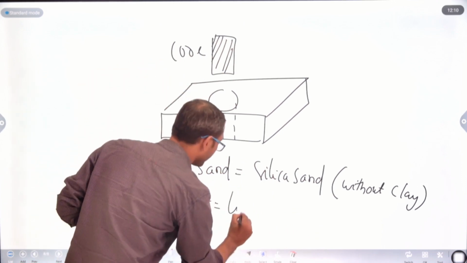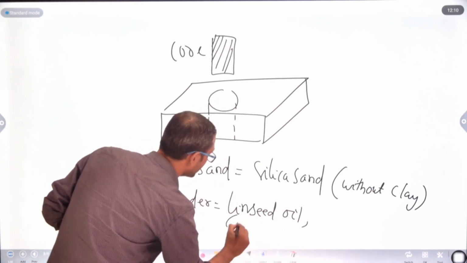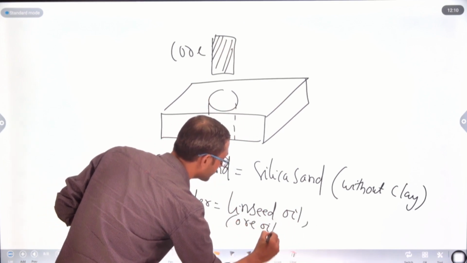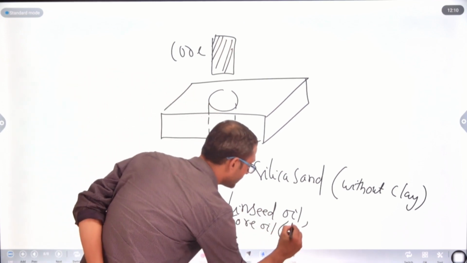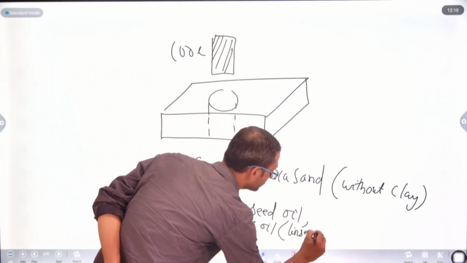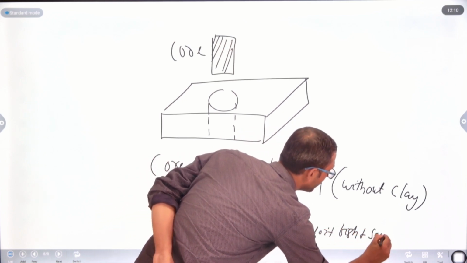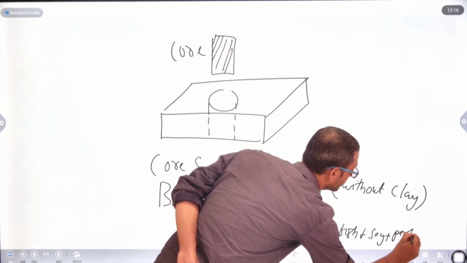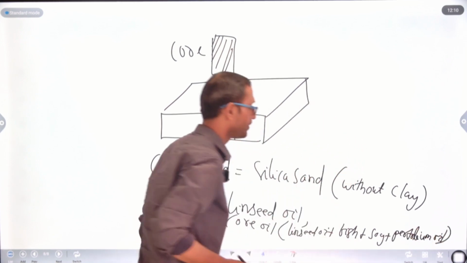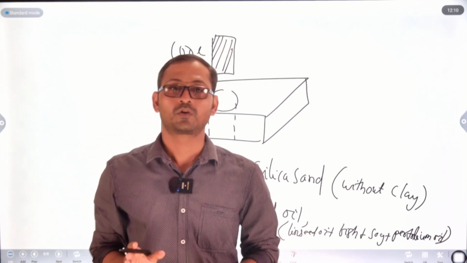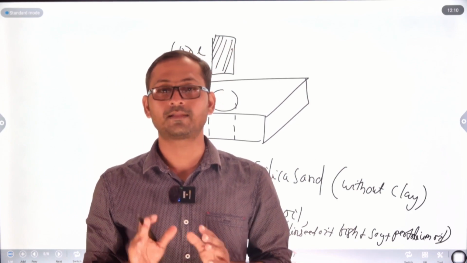Linseed oil. Sometimes core oil. In this core oil, linseed oil is there, fish, soy and petroleum oil. An oil mixture is there. So in this way, core is prepared. Okay, so this is all about molding material and their composition. Thank you.